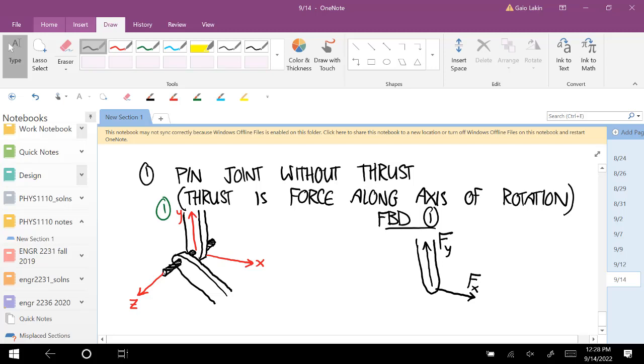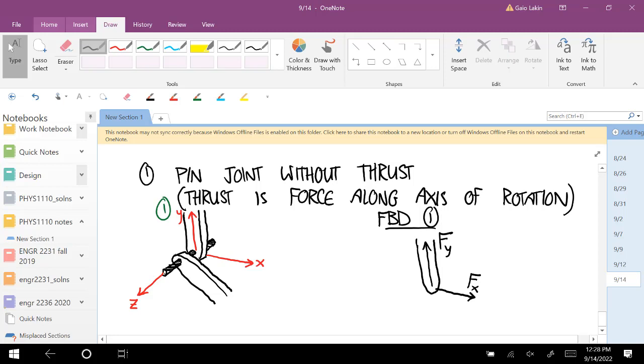And now the couples. Think about the couples. If this bottom member is fixed, welded to the ground or whatever, what ways can that top member rotate? Well, we know it can rotate about z, so there's no couple in the z direction, right? What about x? Could it rotate about x? Couldn't do that.